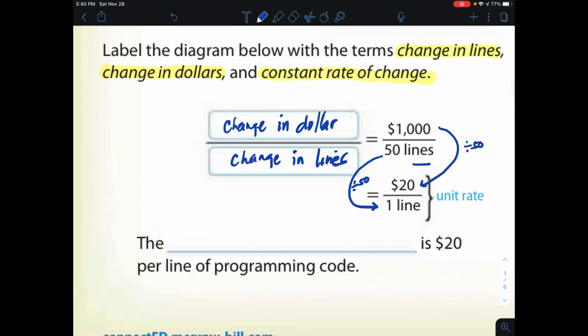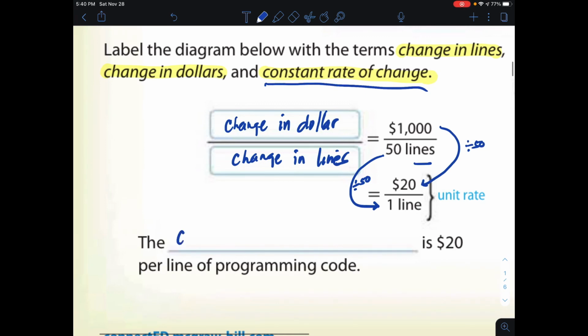Okay, so now we can see there's only one term remaining, the constant rate of change, is $20 per line of programming code.